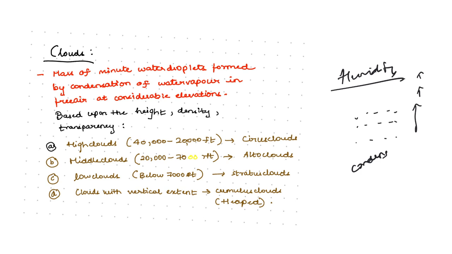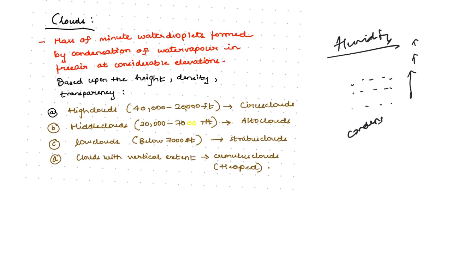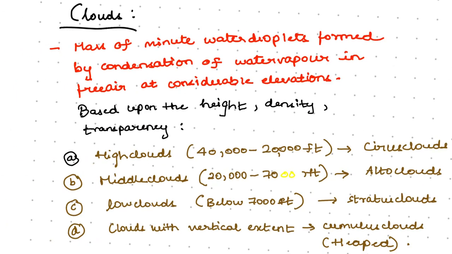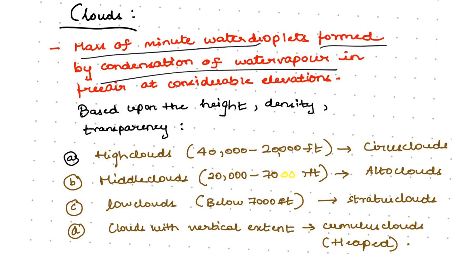When a lot of minute water particles condense and form a particular shape, you call it clouds. So I'll just read it out for you: a mass of water vapor, minute water droplets formed by condensation of water vapor in free air, is called clouds.